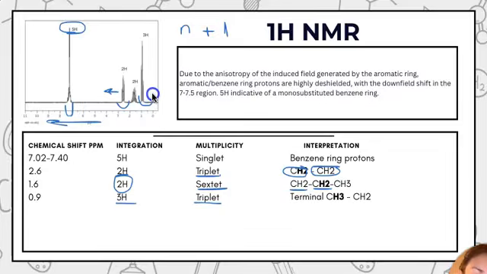It's not as de-shielded as compared to these 2 hydrogens, for example, or these 5 hydrogens. So it tells me that it's a terminal hydrogen attached to a CH2 group. So that does confirm the benzene structure, and then we have a propyl chain.